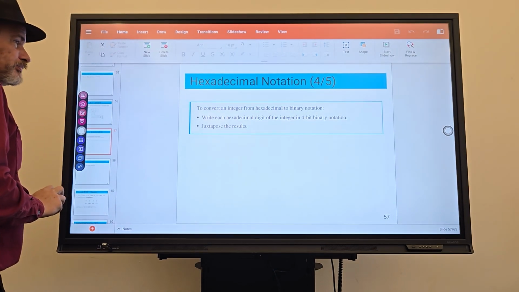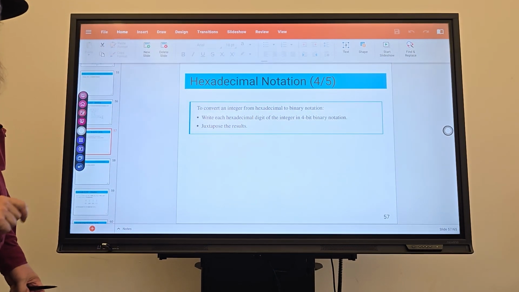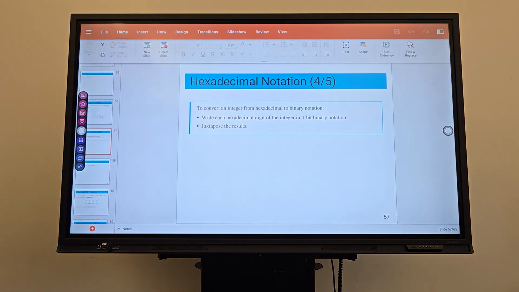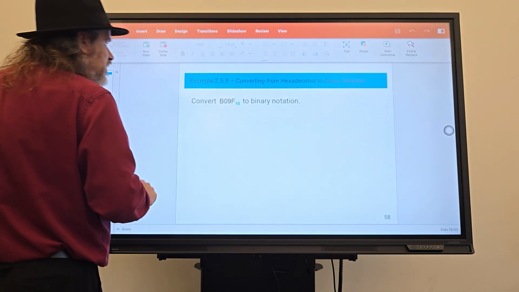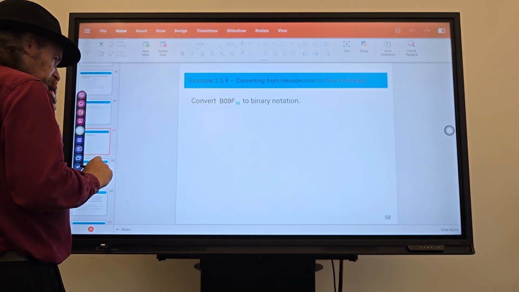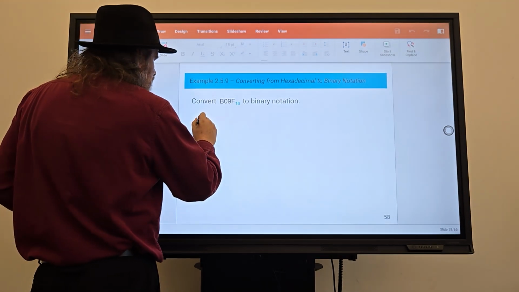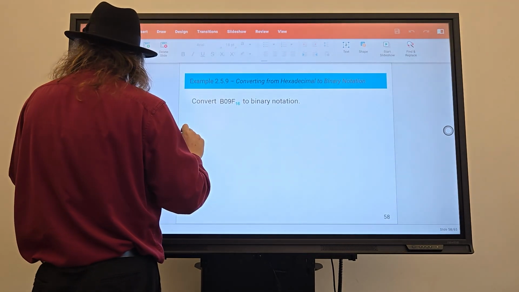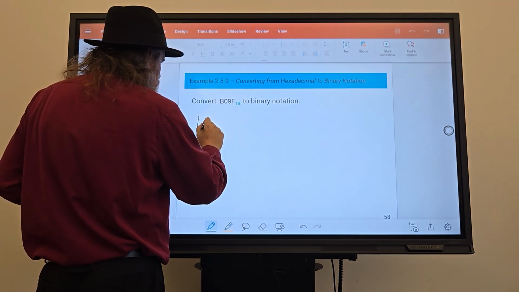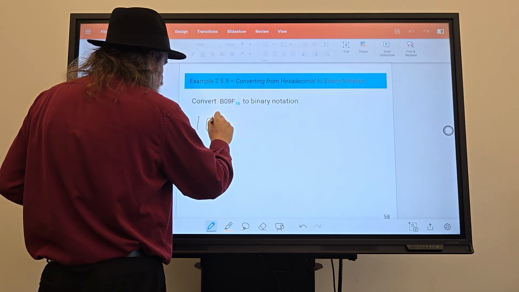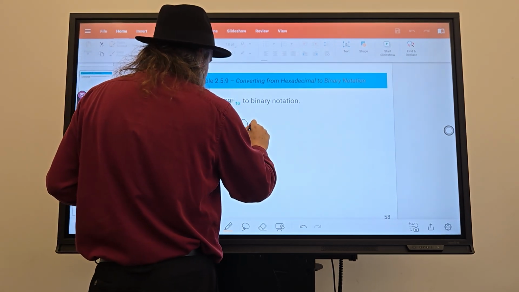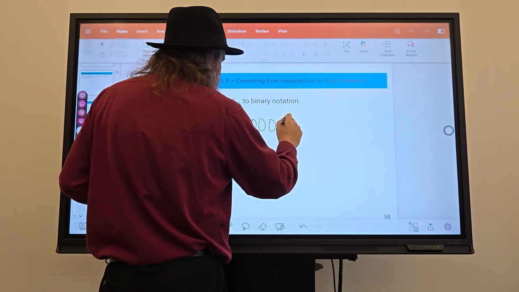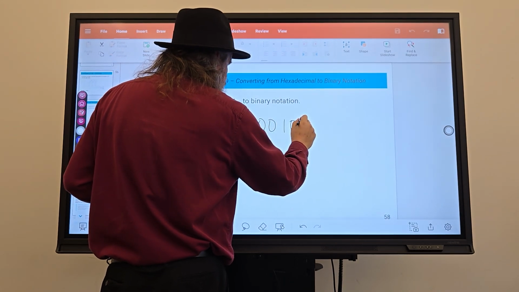Now, hexadecimal to binary is just a simple swapping around of the bits versus the hexadecimal digits. So B is 1, 0, 1, 1. 0 is 0, 0, 0, 0. 9 is 1, 0, 0, 1.